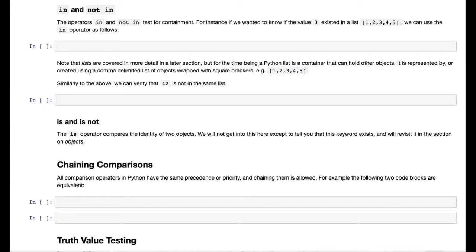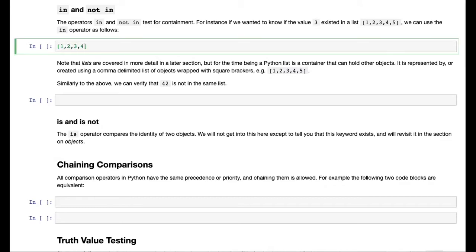So if we had the list containing the integers 1 through 5, in Python, a list is represented using square brackets like this, and we specify the contents using a comma delimited list. So here I've written 1, 2, 3, and so on. We'll actually introduce lists later on in this chapter, and then I'll give you much more detail on them in the chapter on data structures.